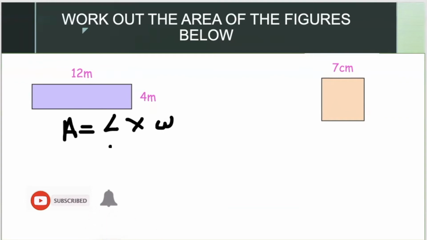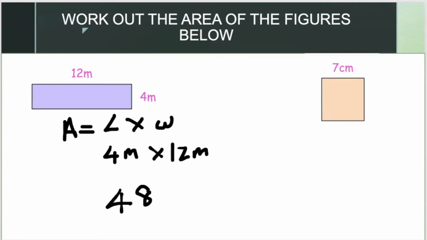So the length is 4 meters and the width is 12 meters. So multiplying 4 times 12, my answer is 48, but don't forget the unit. It will be meters square.